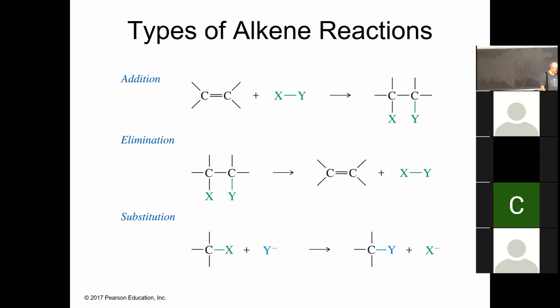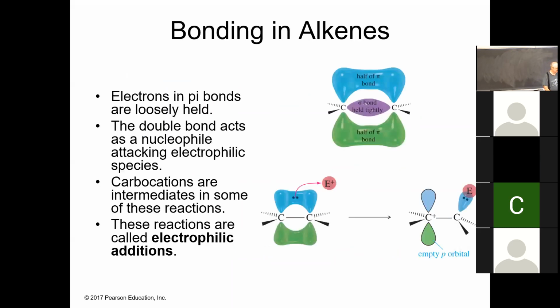We have addition, elimination, and substitution. We've looked at substitution and elimination, at least some types, in the previous two chapters. In this chapter, we will look at addition, which is just the opposite of elimination. In an addition reaction, we decrease the bond order between the carbon atoms. So that generally involves going from a double bond to a single bond. The chapter after this, we'll look at alkynes, and those are also subject to addition reactions.